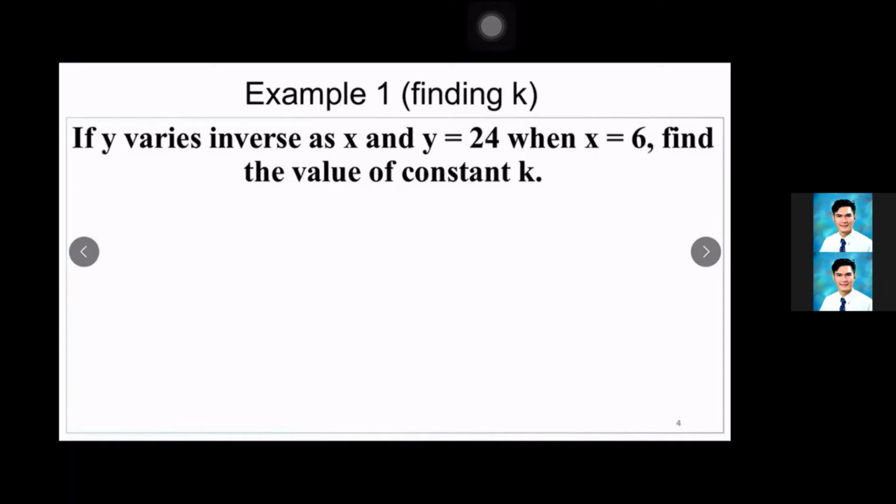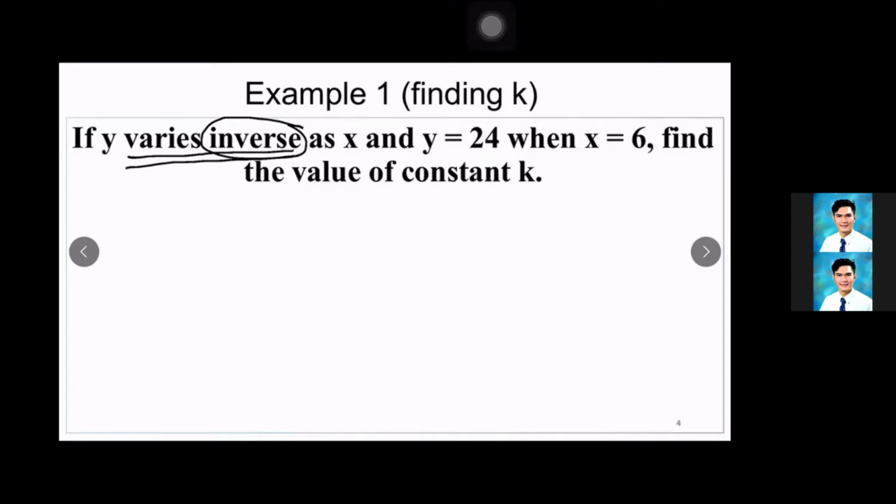In our concept of inverse variation, let us always identify the word inverse or varies inversely. If the word inverse or inversely is involved, automatically our word problem is inverse variation.